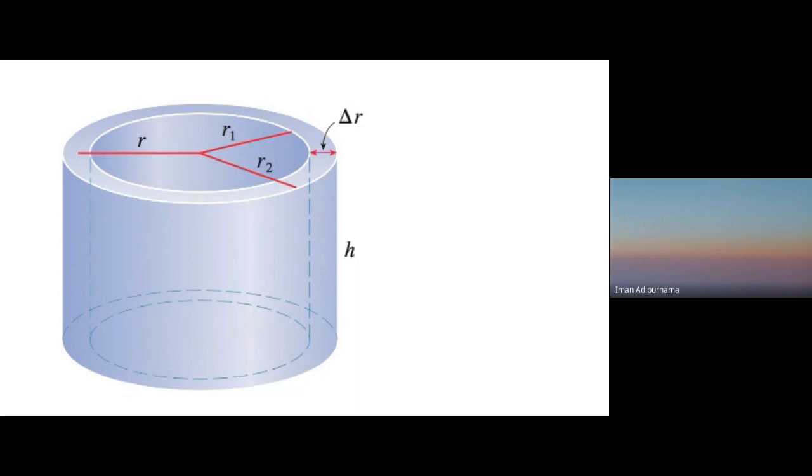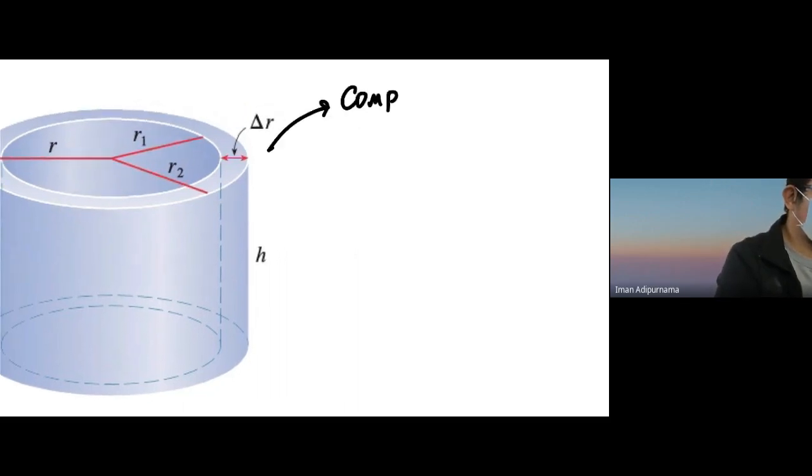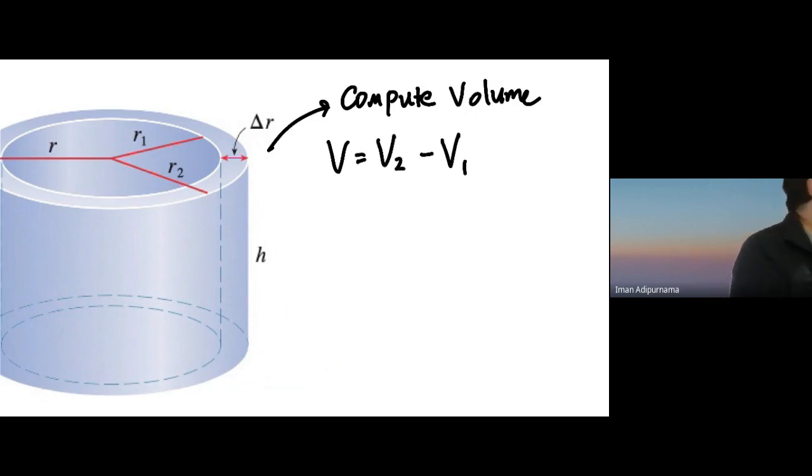Let's assume that. Now, if you want the volume of this shape, let's compute it. The total volume will be volume 2 minus volume 1, which means volume 2 is the cylinder with radius r2 minus volume 1, the cylinder inside. If we subtract, we get only the outside.